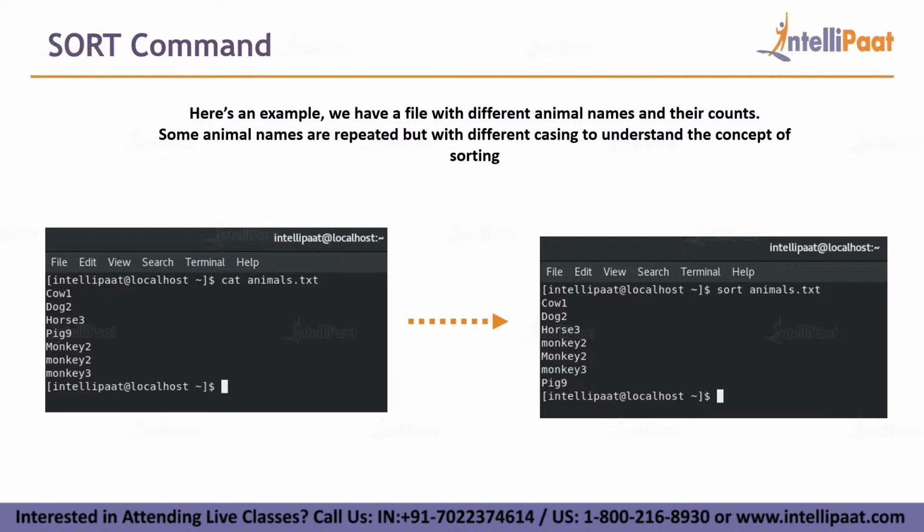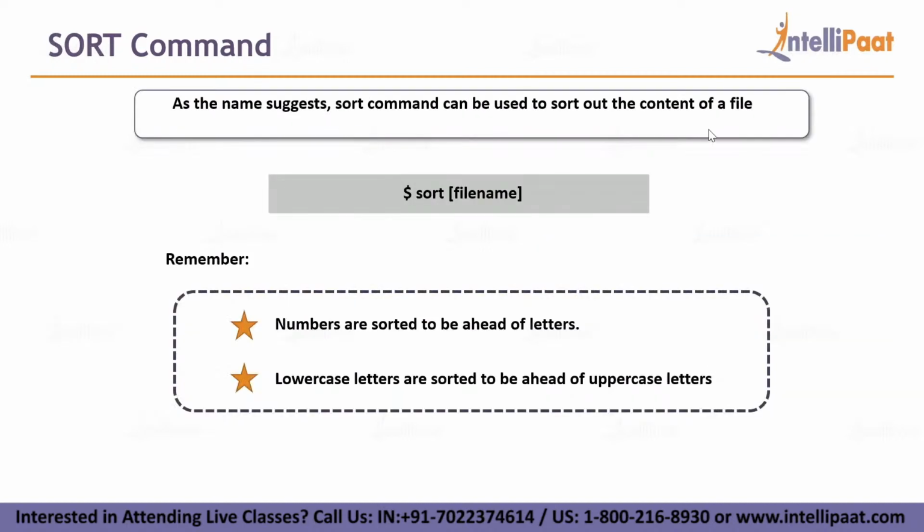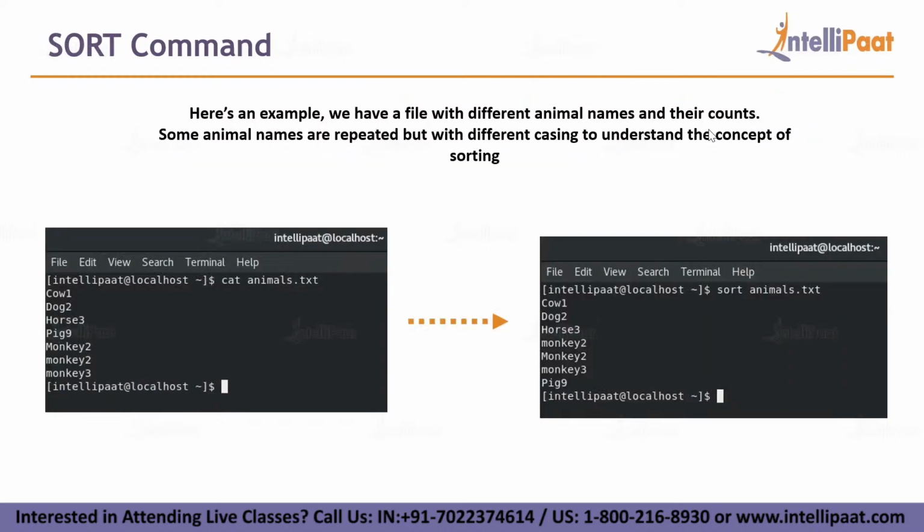So here you can understand these pointers: lowercase letters are sorted to be ahead of uppercase letters. In this case, monkey2 and Monkey2, the only difference is this particular capital letter, and lowercase letters are sorted first, after which comes the uppercase letter.